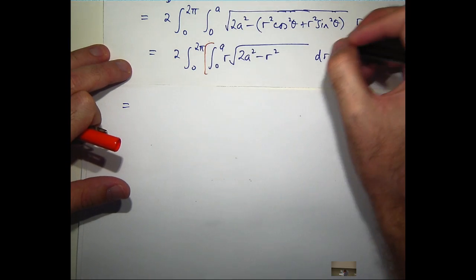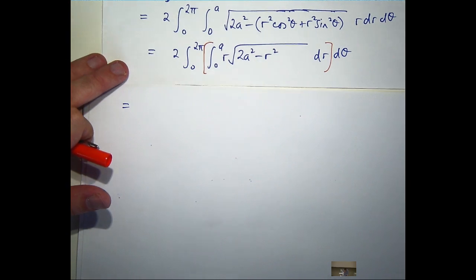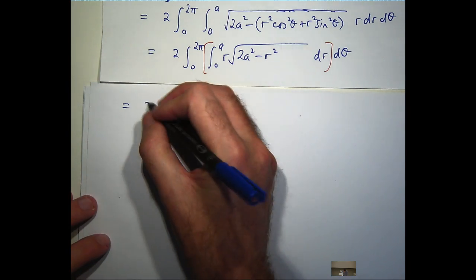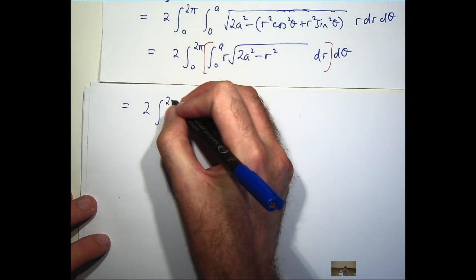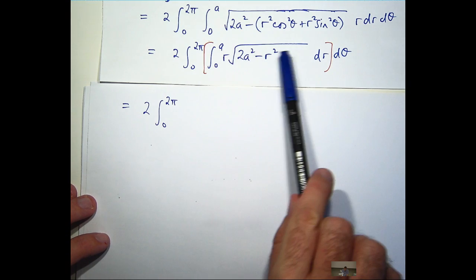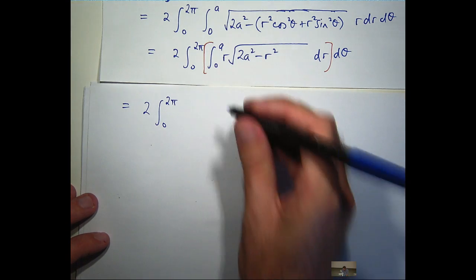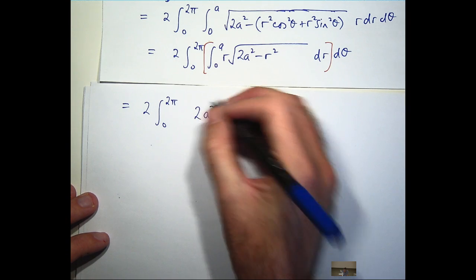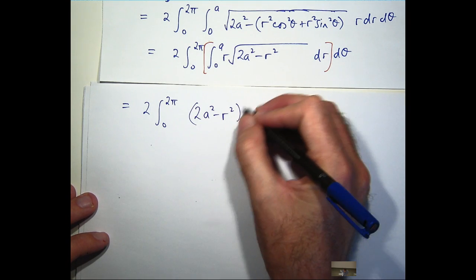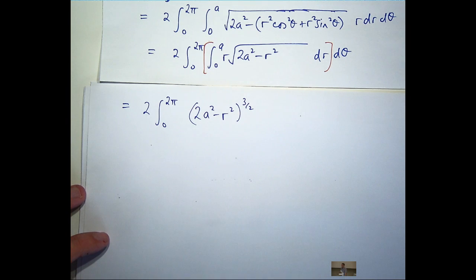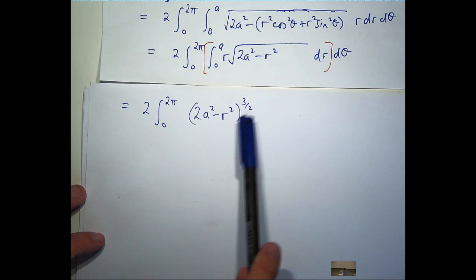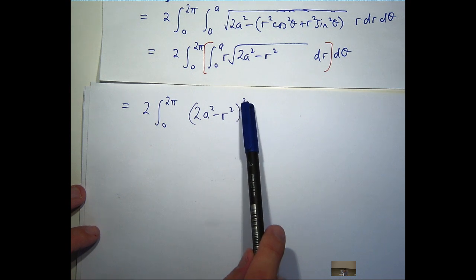Okay, so let's do the inside integral first. That square root's going to go to something like 3 on 2. So I'm going to write it down like this. And then I'm going to adjust. Now, if I differentiate what I've got here with respect to r, that 3 on 2 is going to come to the front.